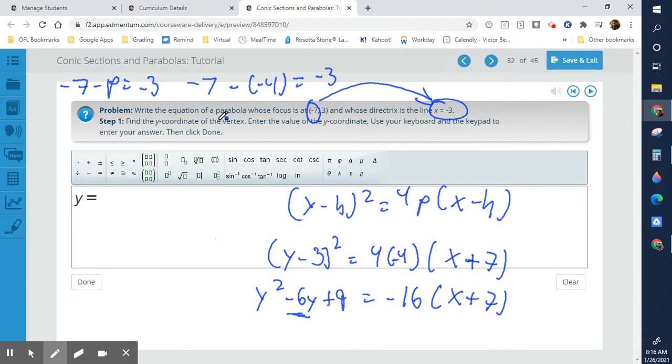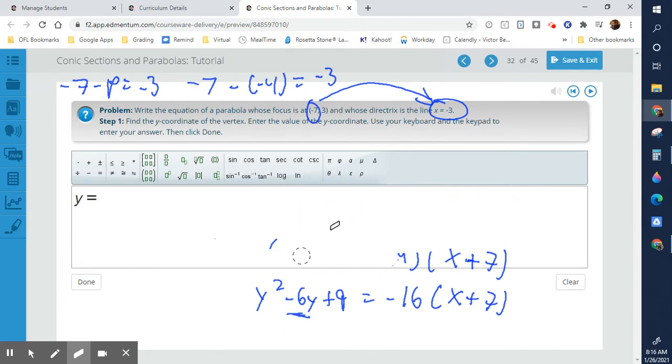What is the equation of the parabola with this focus and this directrix? This is the focus, not the center. Whoopsie. I just realized this is a focus, not a center. I'm so sorry, guys.